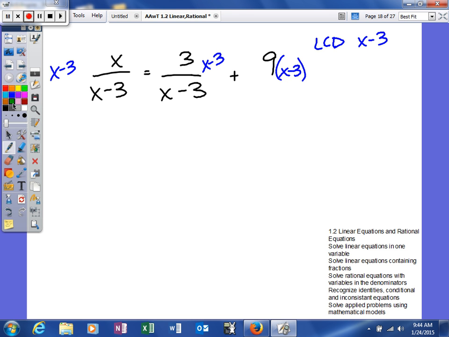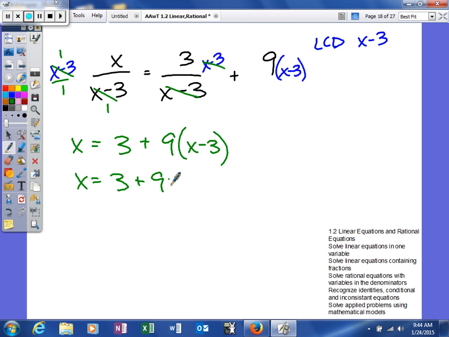My goal is to cancel my fractions. When you cancel here, again, it's x minus 3 over 1. The x minus 3's cancel. You get 1 times x over 1 times 1, which of course is x. And then here, this is going to cancel and leave me 3. And I'll say plus 9 times x minus 3. So I'll get x is equal to 3 plus 9x minus 27.